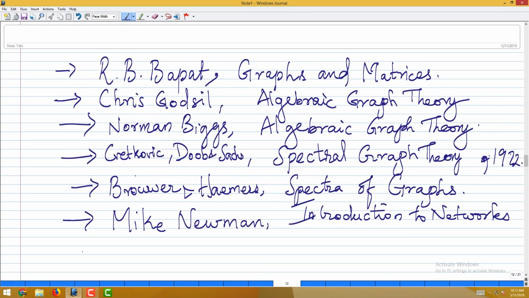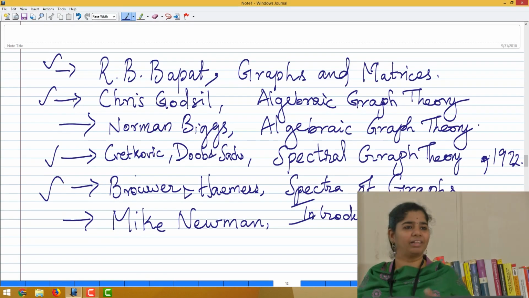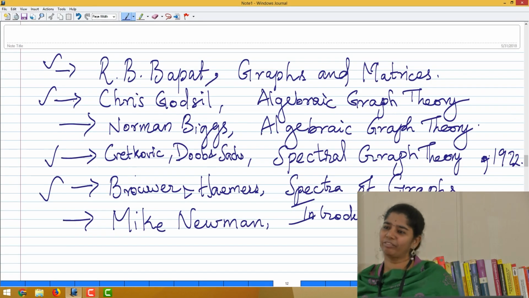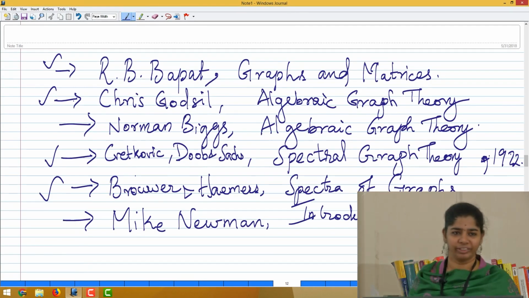There are lots of books. For mathematical handling, you can look into Bapat and Cvetkovic or Brouwer's. Godsil, of course, Algebraic Graph Theory, he has also given in detail. Biggs alone has given it like a story. If you are interested in reading it like a story, you can take it while traveling in a train. You will finish the book in 2 days if you read it. Okay.